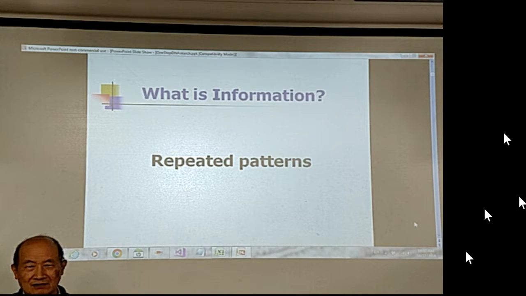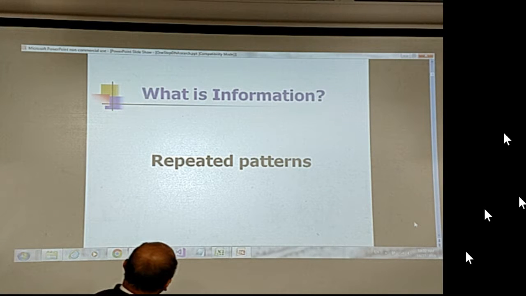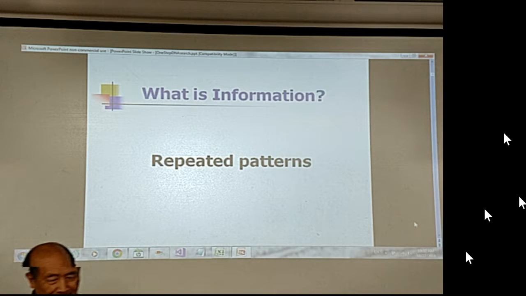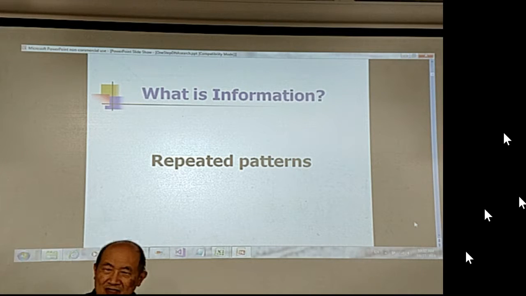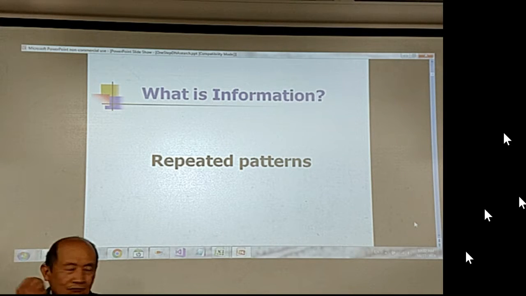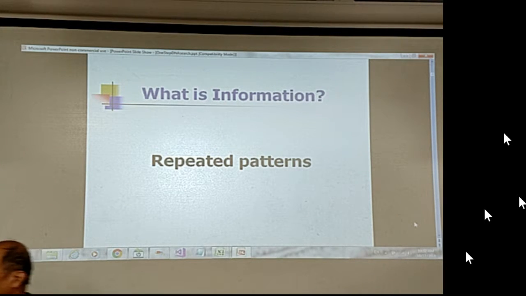The basic idea about information is that information is repeated patterns. Whatever kind of information you receive, if it's random, you can be sure it is random. There's no information in it. If it's a pattern, it must repeat. If it doesn't repeat, it can't possibly be a pattern.